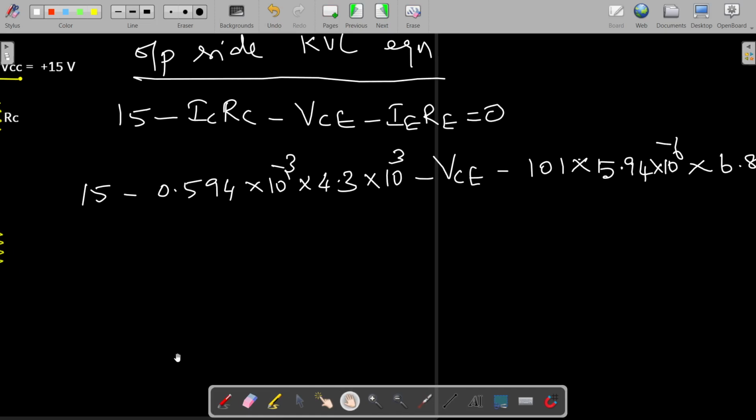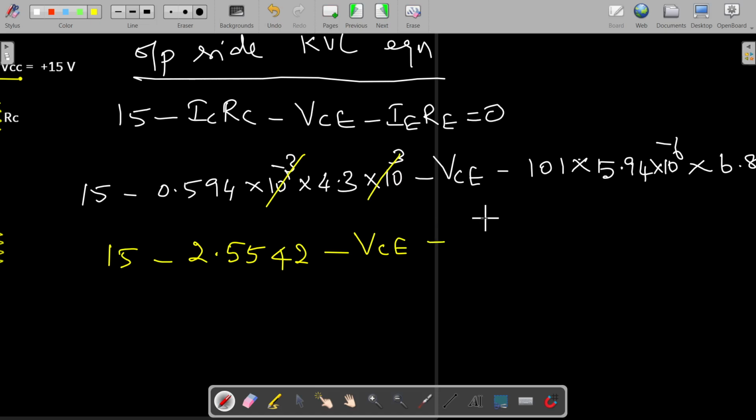Now we can simplify this. These two get cancelled out. So it is 15 minus 2.5542 minus VCE minus this 101 times 5.94 into 6.8.